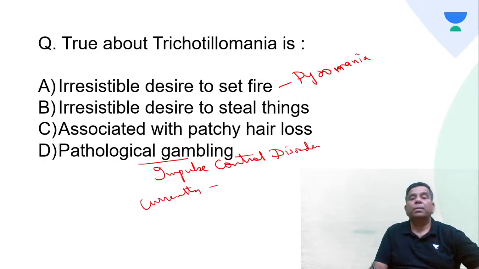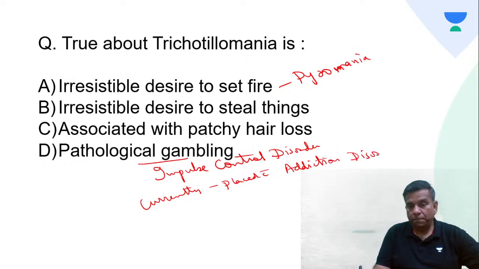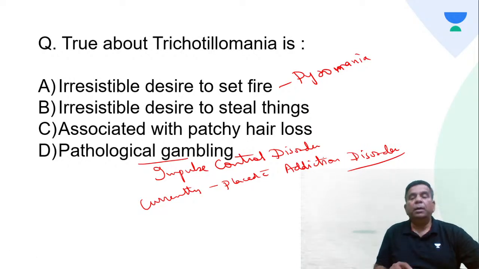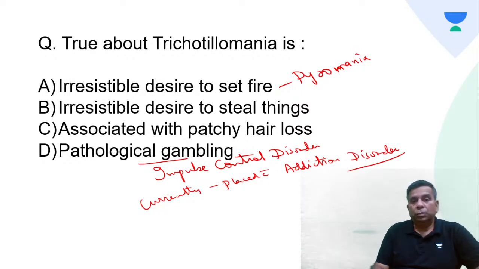Currently it has been placed elsewhere, so now we no more learn it as an impulse control disorder. Pathological gambling is being taught along with the addiction disorders, because this is also a disorder of reward and addiction. So still remaining is kleptomania.